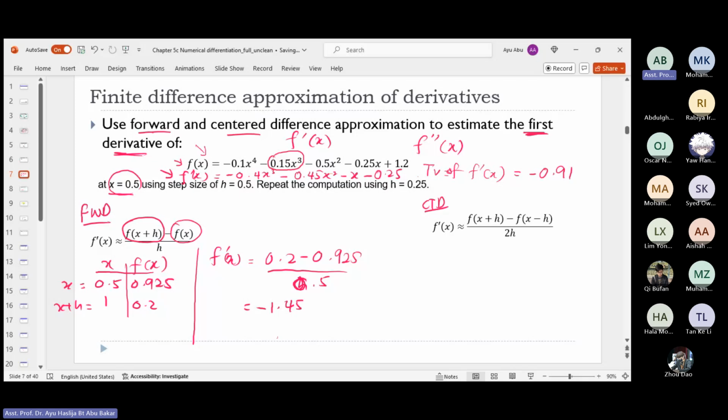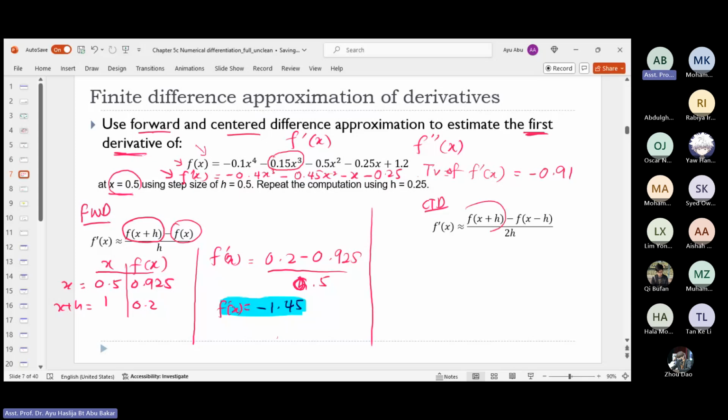Differentiation is quite simple. This question, if we ask, we can score. So make sure you know how to do it. This is f prime x for forward.